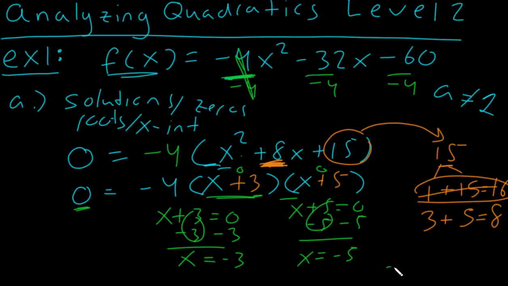And so over here to the right, I'm going to write my zeros are x equals -3 and -5. And we're just going to keep them over here for now. Remember, my quadratic will cross the x-axis at -3 and -5. Pause the video and finish taking any notes that you need to.